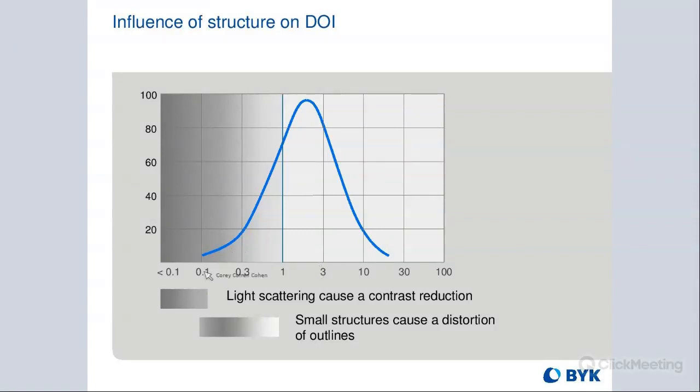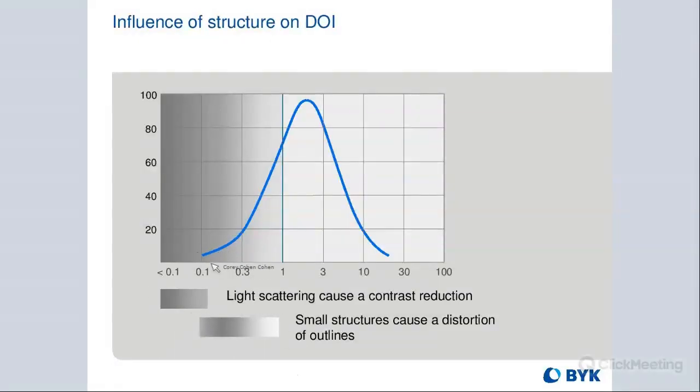And that is the lower limit of the W scales. It can resolve structures down to 0.1 millimeter. But it's really the light scattering that's happening with those very, very fine microstructures that's causing that reduction in the contrast and the distortion of the outlines.